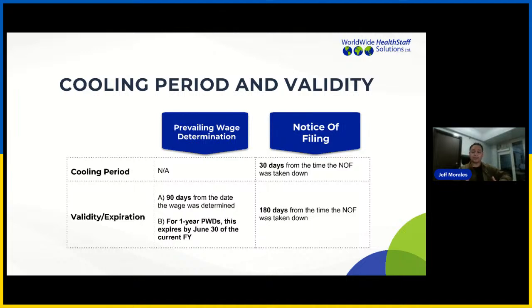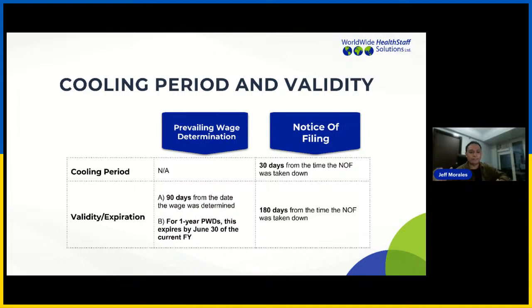What that means is, if the employer has taken down the notice of filing at their business premises, let's say November 1st of this year, we cannot use the notice of filing within the next 30 days for any of the petitions that we'll be filing. We have to wait for 30 days because that is the defined cooling period for the notice of filing.